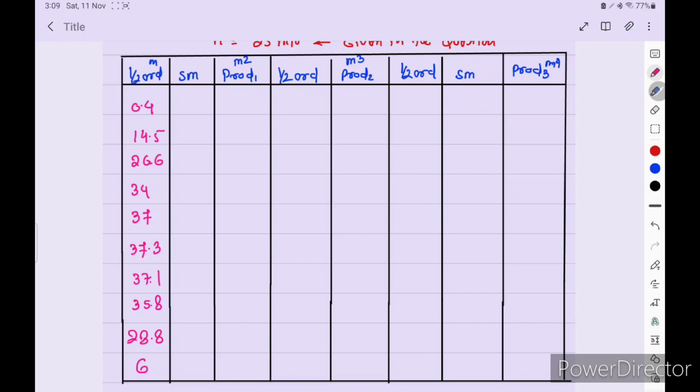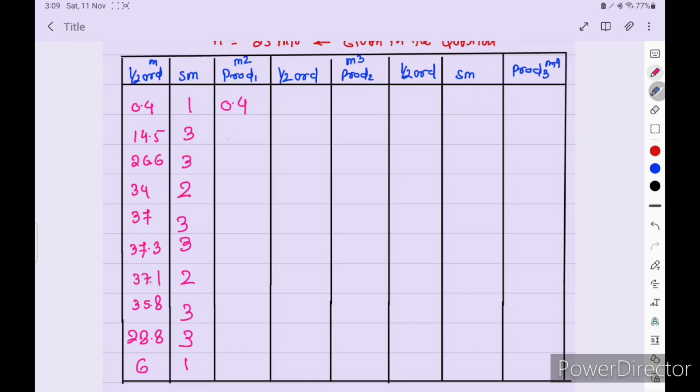So we use Simpson's rule number 2. So 1 3 3 2 3 3 2 3 3 1, and then multiply half ordinates and SM.